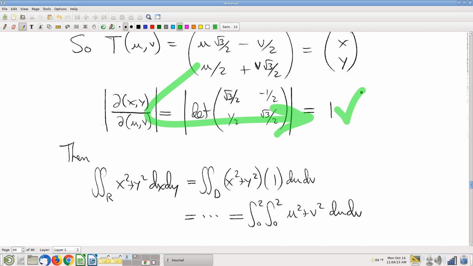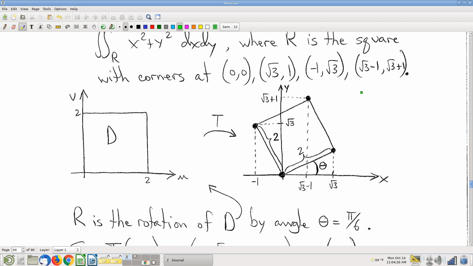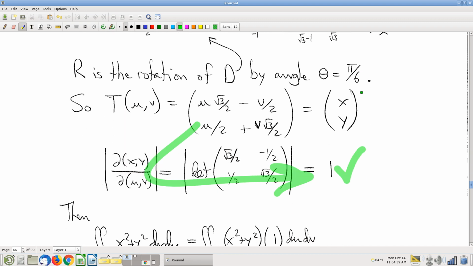Let me encourage you and also dissuade you from a different point of view on that calculation, keeping in mind that the Jacobian determinant's an area stretching factor, and when I rotate, I don't change areas, right? Nothing gets stretched when you do a rotation. So geometric intuition tells us that the answer here should be 1, and I want y'all to digest that, okay, it is satisfying that we got this answer.